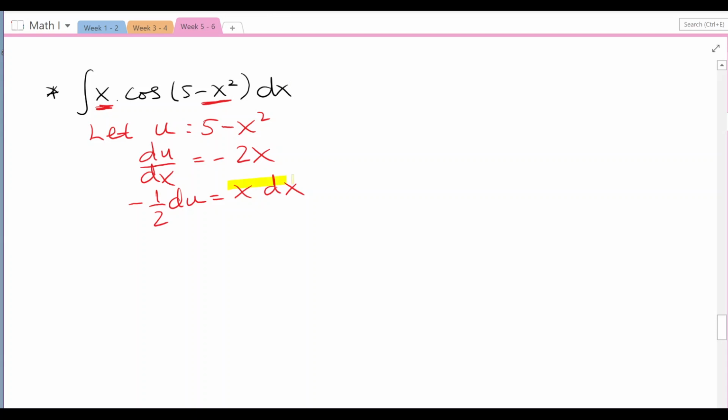The reason for that is we have x dx in the problem, and that part equals negative half du, and then cos of 5 minus x squared equals cos u. So the equation can be replaced with negative half integral cos u du, and we maintain the negative half.